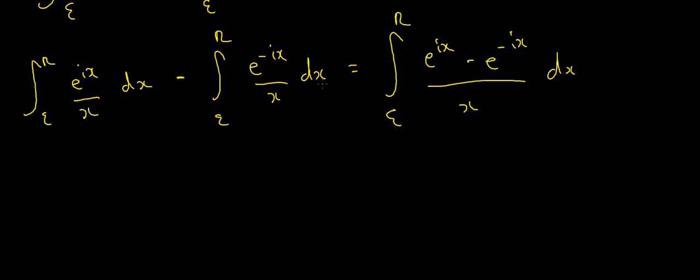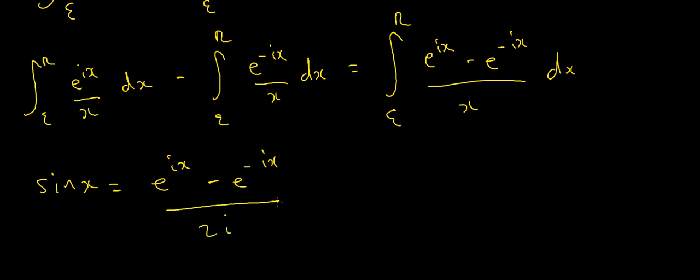So you might remember from the definition of the sine function that sine of x is equal to e to the ix minus e to the negative ix over 2i. So if I multiply both sides of the equation by 2i, I'm going to find that 2i sine x is just equal to e to the ix minus e to the negative ix.